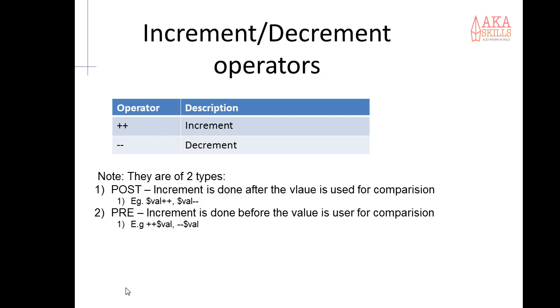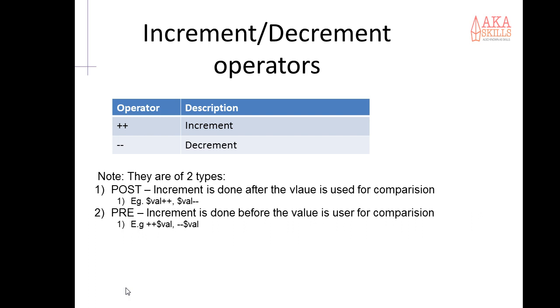Increment and decrement operators are a quick way of incrementing a particular value in a variable. For example, if a variable $count is equal to 0, and inside my loop I'm just using $count++, then every time $count++ is encountered, it increments the $count value by 1.